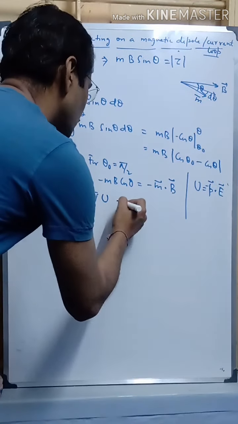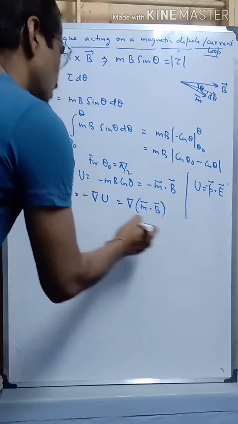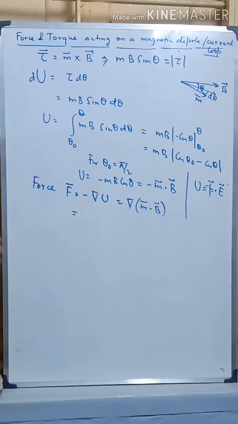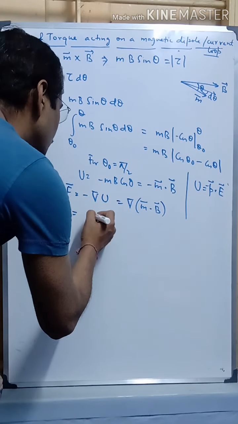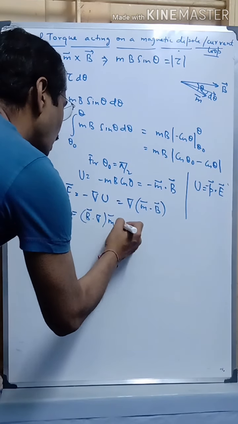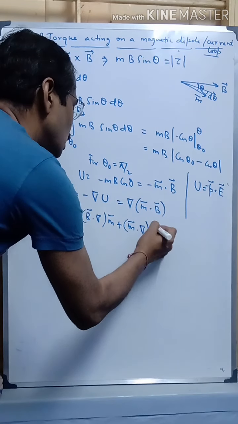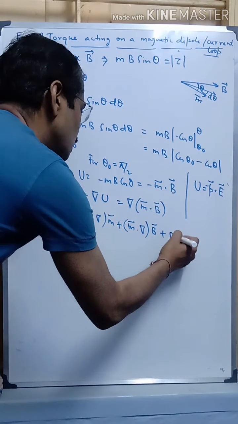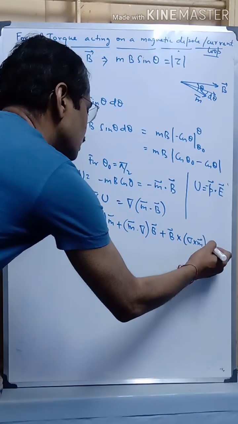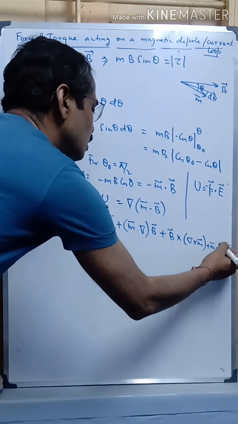So this can be called the gradient of M dot B. We know from vector analysis that the gradient of A dot B can be written as B dot del into A plus A dot del into B plus B cross curl of A plus A cross curl of B.